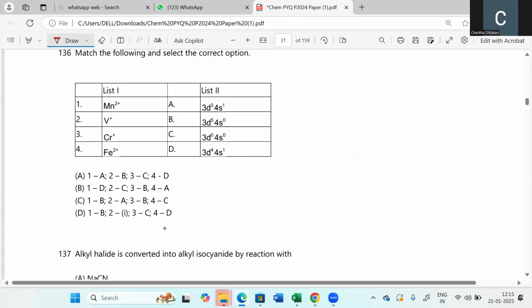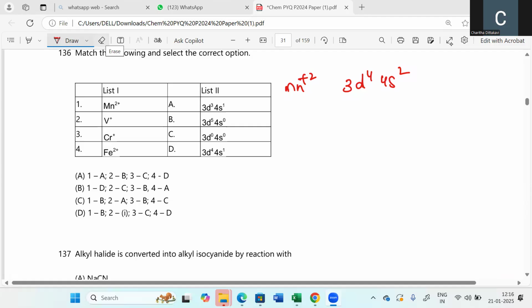So Mn +2 will be 3d4 4s2, right? Sorry, manganese is 25, so it is 4s2, 3d5, it has to be.